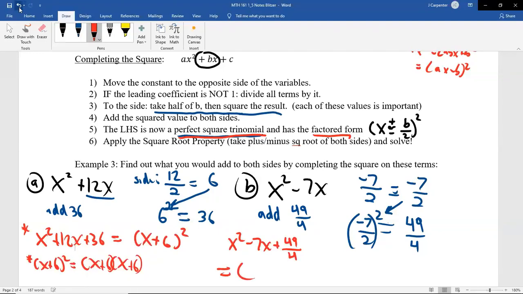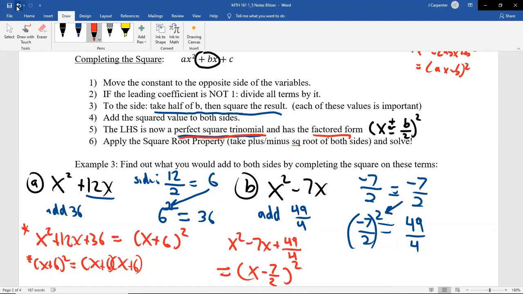The factored form is automatically this. It's a parentheses squared with an x first, and then what was the half number? This negative 7/2. So that's what goes next. Negative 7/2. That is one way we can factor things involving fractions. Now, they again have to be a very special format, but when we're completing the square, we are literally creating the special format.